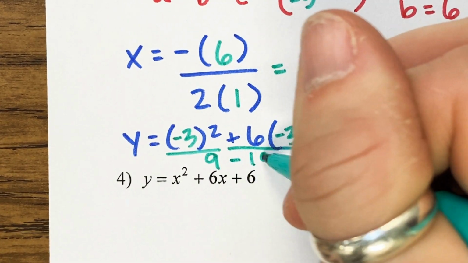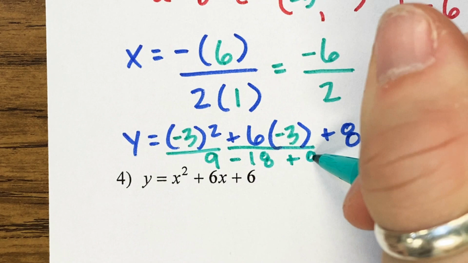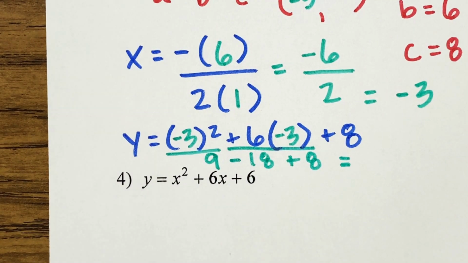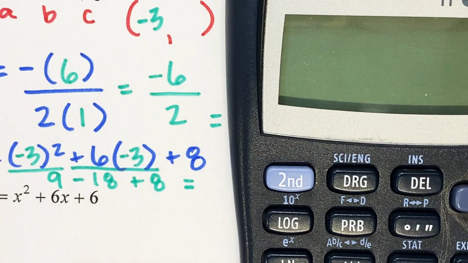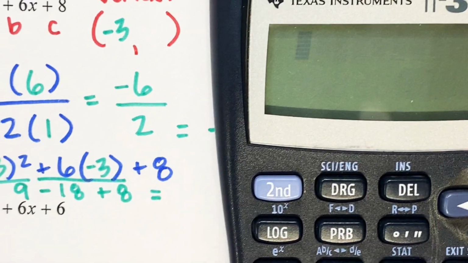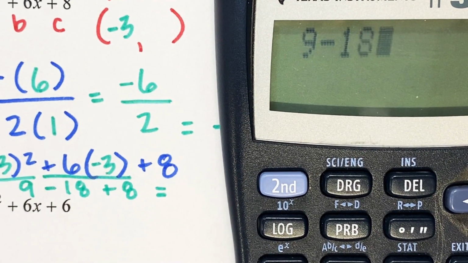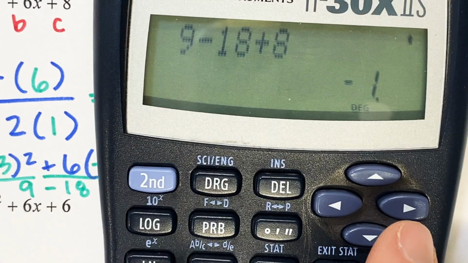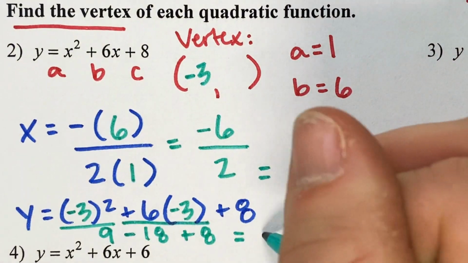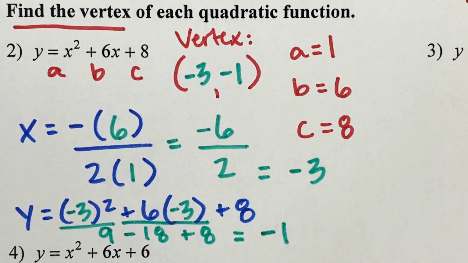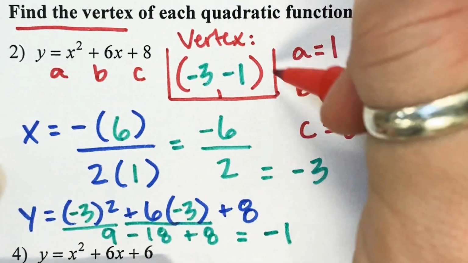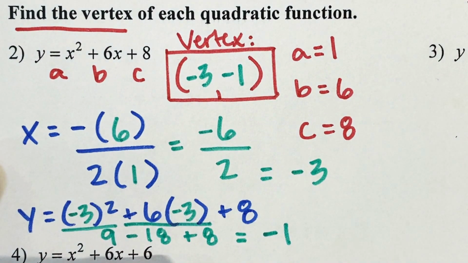It's going to give me negative 18. And plus 8. Sorry, I have to write so small. Then in our calculator, if you want to do that, or you can do it in your head, doesn't matter. We got 9 minus 18 plus 8, and that gives me negative 1. So we got negative 1 for our y. So our vertex, or the answer, what we were trying to find, is negative 3, comma, negative 1.